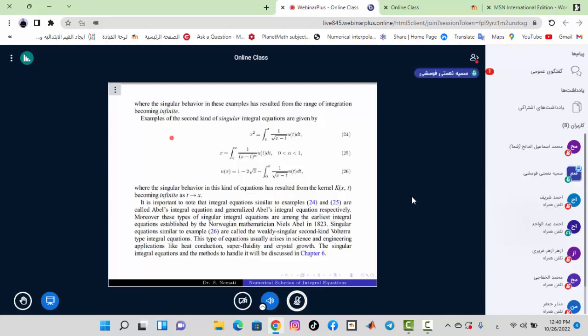Okay, and the other class of singular integral equation includes the integral equations where the kernel, the function k of x and t, takes the value infinity for some values of t.